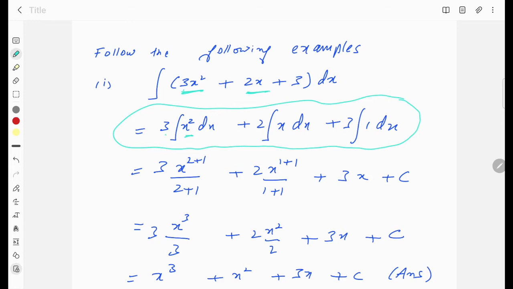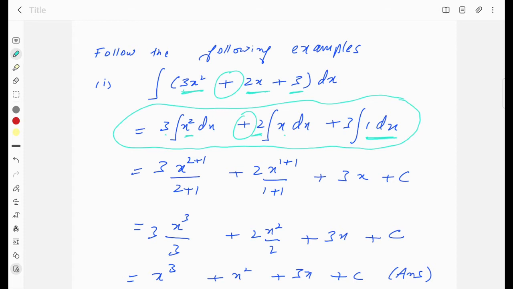Then you come to the second term. The plus sign will remain as it is, and you will write 2 outside and take the integral of x. For a constant number, you can show this step: take 3 out and show the integral of 1 with respect to x.